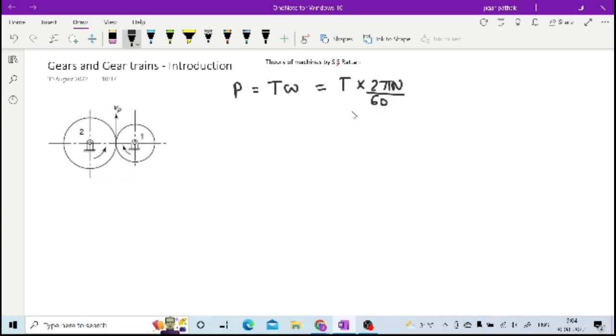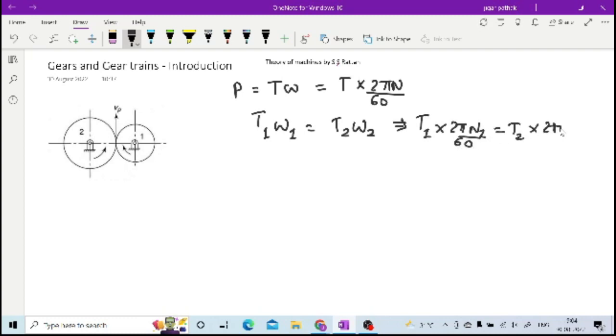When you have a pair of gears, you have T1 omega 1 equal to T2 omega 2. Elaborating, T1 into 2 pi N1 by 60 equals T2 into 2 pi N2 by 60. Simplifying further, T1 N1 equals T2 N2.